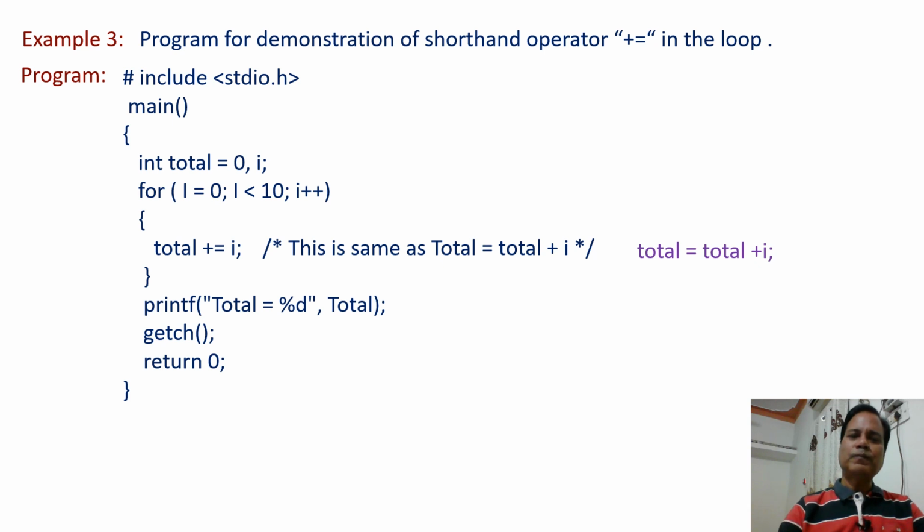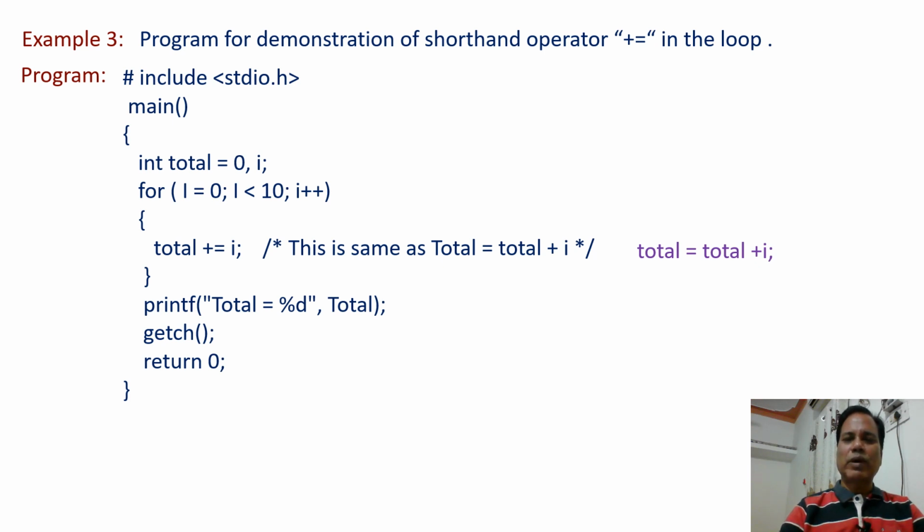After that, whenever the value of i is incremented and becomes 10, at that time when the condition is checked, 10 less than 10 is false, and once it becomes false, control comes out of the for loop. Out of the for loop, here the printf statement is there: total equal to percentage d. So here we have to print the integer value of the total variable.